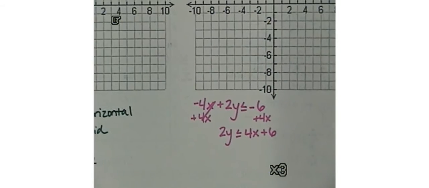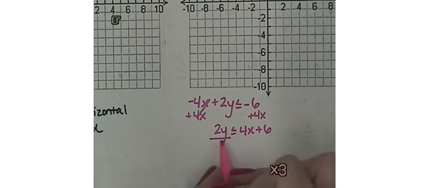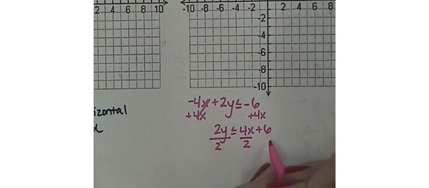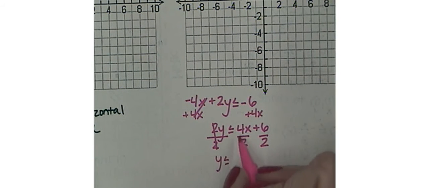Y still is not alone yet. So I want to go ahead and divide everything by 2. These cancel. Ooh, and I can simplify. 4 divided by 2. 6 divided by 2. So here's what we're going to graph.